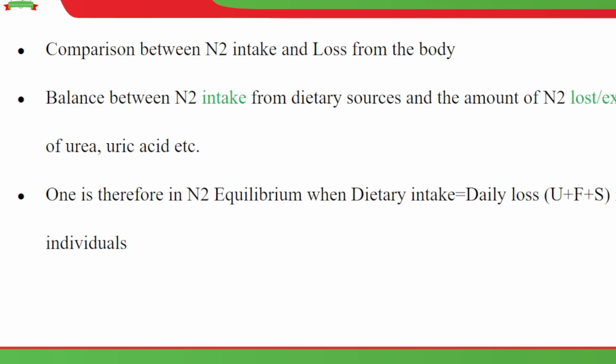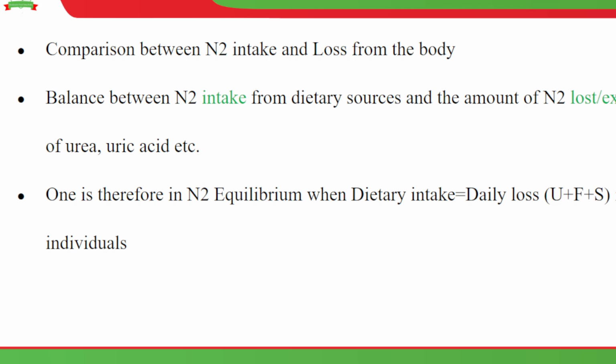Let's understand what we call nitrogen balance. Nitrogen balance is a comparison between nitrogen intake and loss from the body. You take in nitrogen in different forms, most especially in the form of proteins. Protein is nitrogenous, so anything you take in that has protein adds to the nitrogen content in your body.